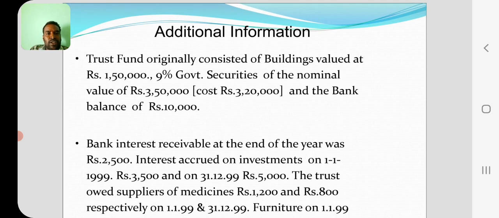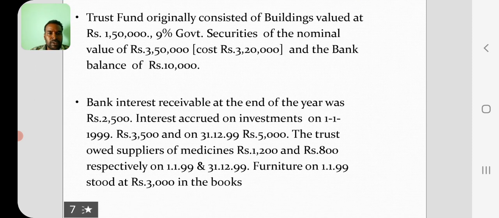The trust fund originally consisted of a building valued at 1,50,000, 9% government securities of nominal value rupees 3,50,000, cost rupees 3,20,000, and a bank balance of rupees 10,000. Bank interest receivable at the end of the year was rupees 2,500.